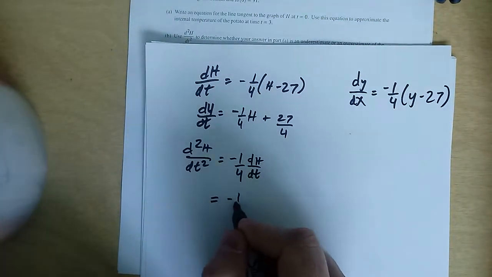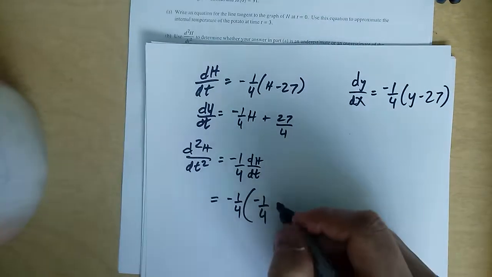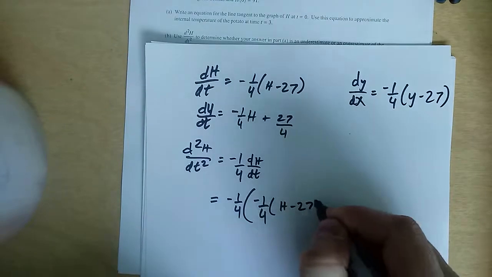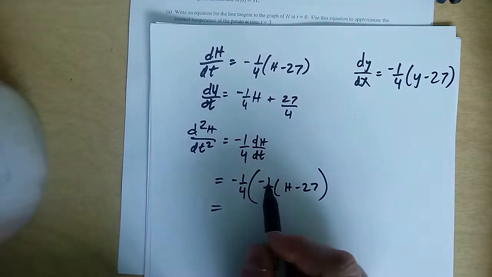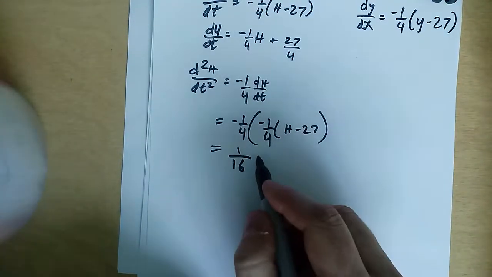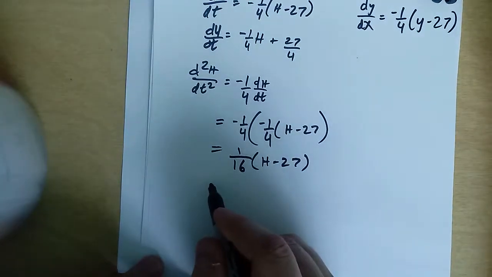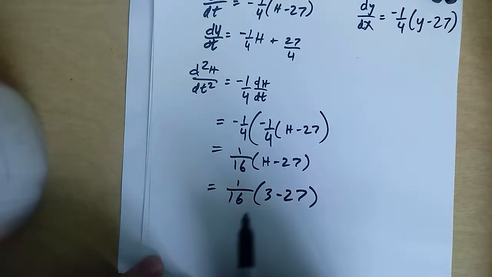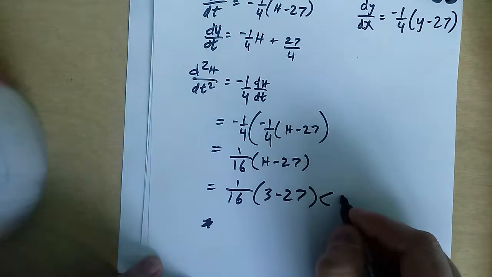So I can say negative 1/4 times negative 1/4 (h minus 27). Now, let's clean that up. Negative 1/4 times negative 1/4 is 1/16, which is very nice. So 1/16 times (h minus 27). So when I plug in 3 now, I get 1/16 times (3 minus 27). So that's going to be a negative number. So I can just say this is less than 0.